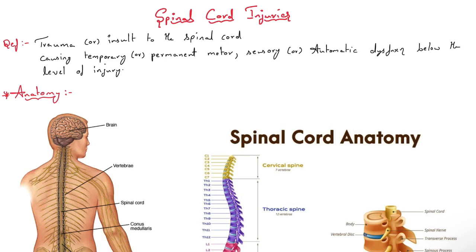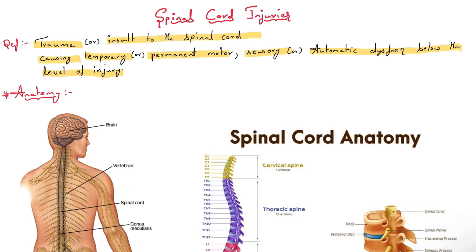Okay, so first, what is meant by spinal cord injury? Spinal cord injury means a trauma or insult to the spinal cord causing temporary or permanent motor, sensory, and autonomic dysfunction below the level of the injury.